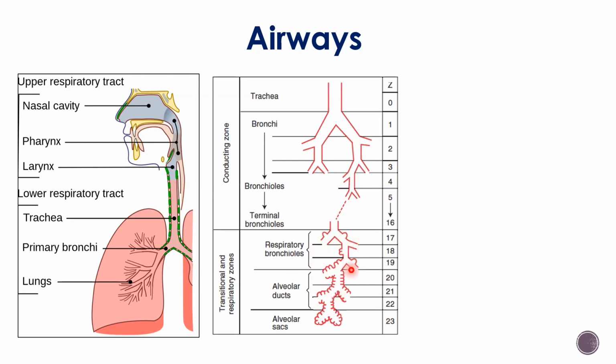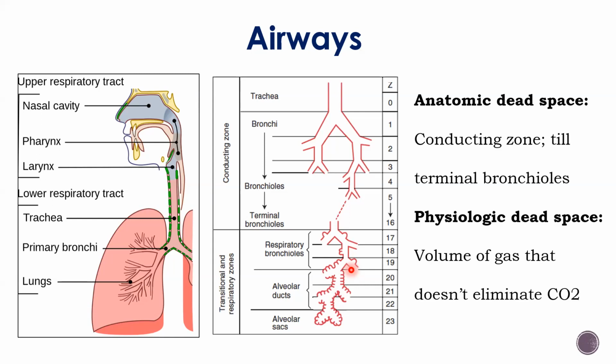That is physiological dead space, and it can happen here or here. If half of your lung is gone because of ARDS or whatever it is, and that part is not involved in gas exchange, that is called physiological dead space. It is a physiological way of explaining that gas exchange is not happening in a particular part of the lung. Right?